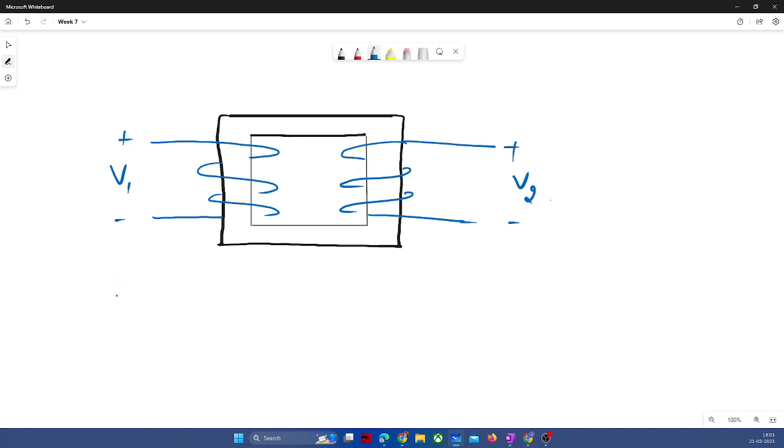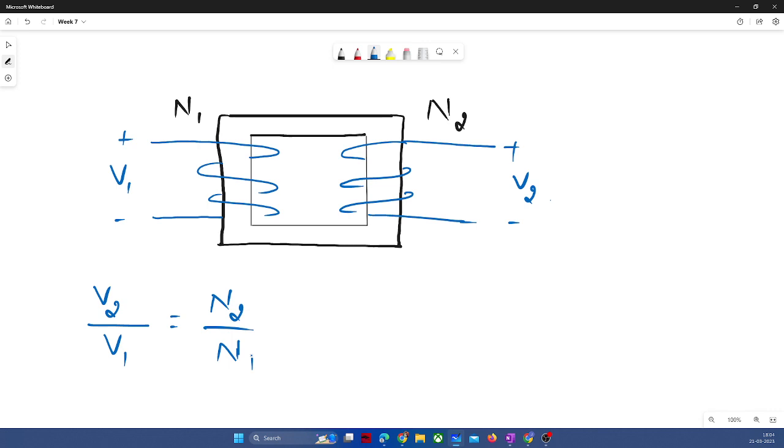So for an ideal transformer, let us assume its turns are N1 and N2. The number of turns will vary, and the relationship between V2 and V1, if you are from electrical background, you might know is the ratio of N2 by N1. Generally, we do not write V2 by V1 is equal to N2 by N1. Generally, it is E2 by E1 is equal to N2 by N1.